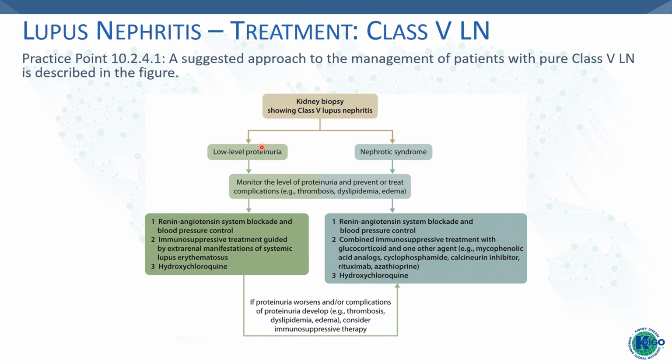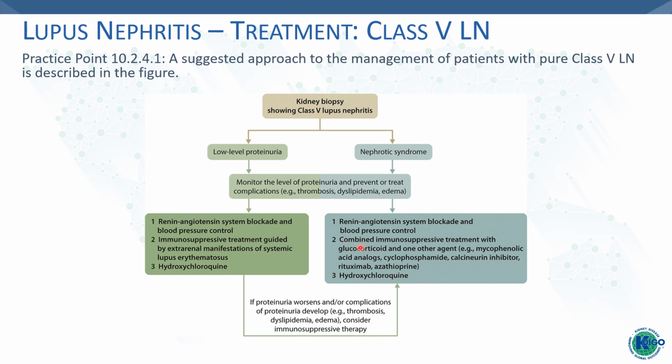If there is only low-level proteinuria, you have to start a renin-angiotensin system blocker and control blood pressure. The immunosuppressive treatment in these cases is only guided by extrarenal manifestations, and for sure you have to start hydroxychloroquine. If the patient has nephrotic syndrome, you will also start renin-angiotensin system blockade and blood pressure control, and you will give hydroxychloroquine.